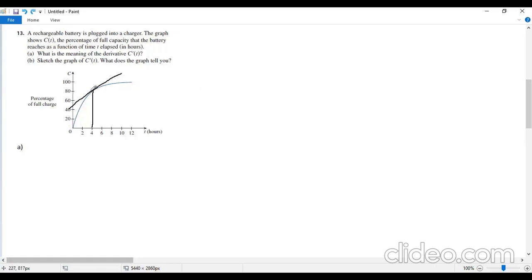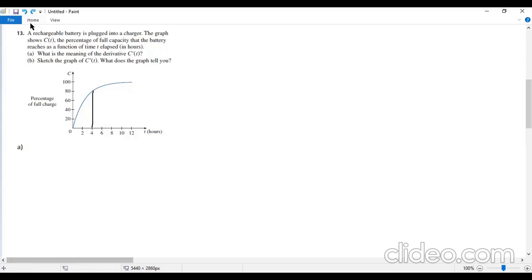So it's actually telling us, with a particular input of hours, to what extent the percentage charge is changing with respect to time at a particular instant. And that "at a particular instant" part is so important because it tells you that it's the derivative. It's the instantaneous rate of change, not the average rate of change.